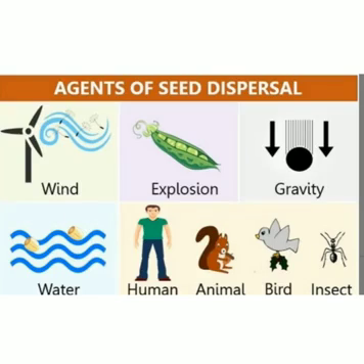Next, let us learn the types of seed dispersal one by one. First, seed dispersal by animals. This means the seeds are dispersed by animals, birds, and insects.